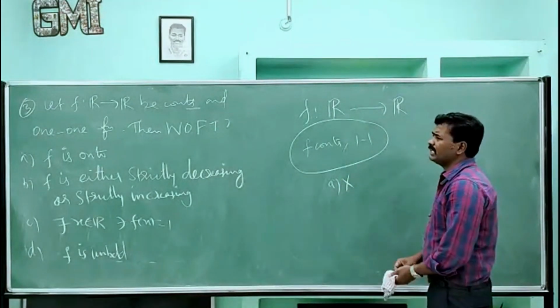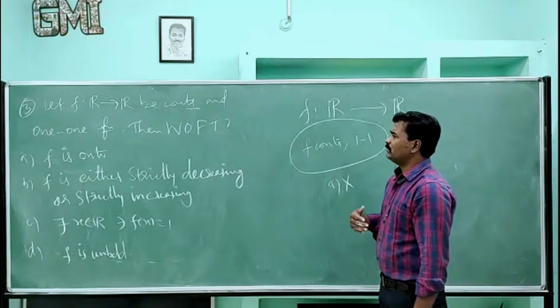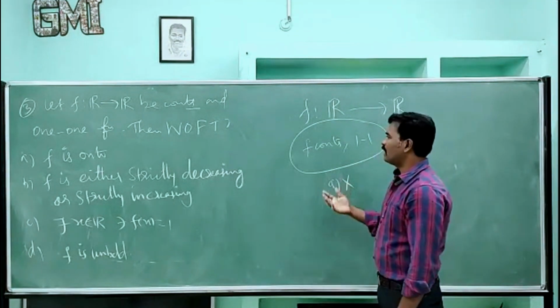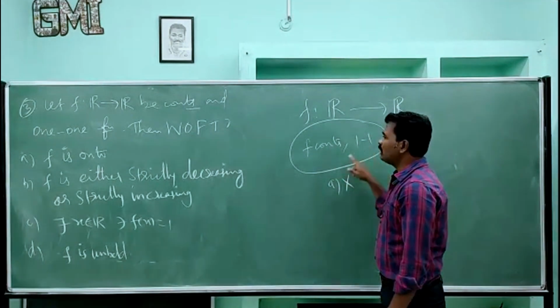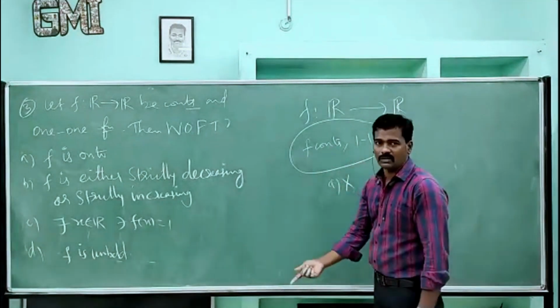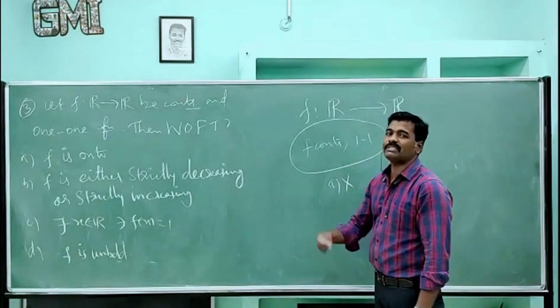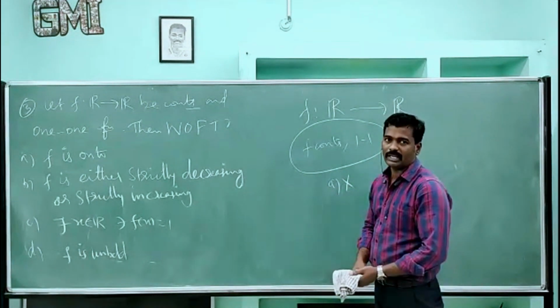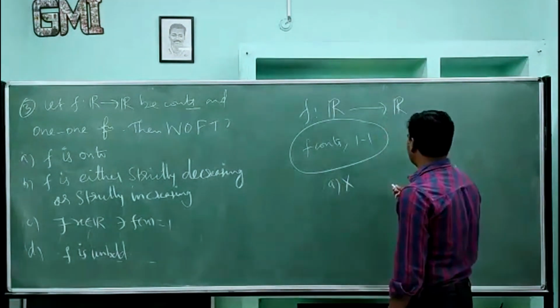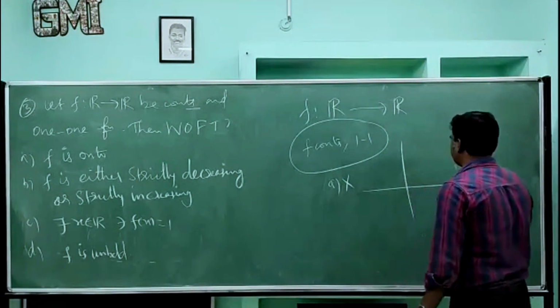Okay, option A is false, not always true. Why? You have to find something, or you have an example. f is continuous and 1-1 but not necessarily onto. If you have such an example, option A is not always true. I can draw the graph on the board.